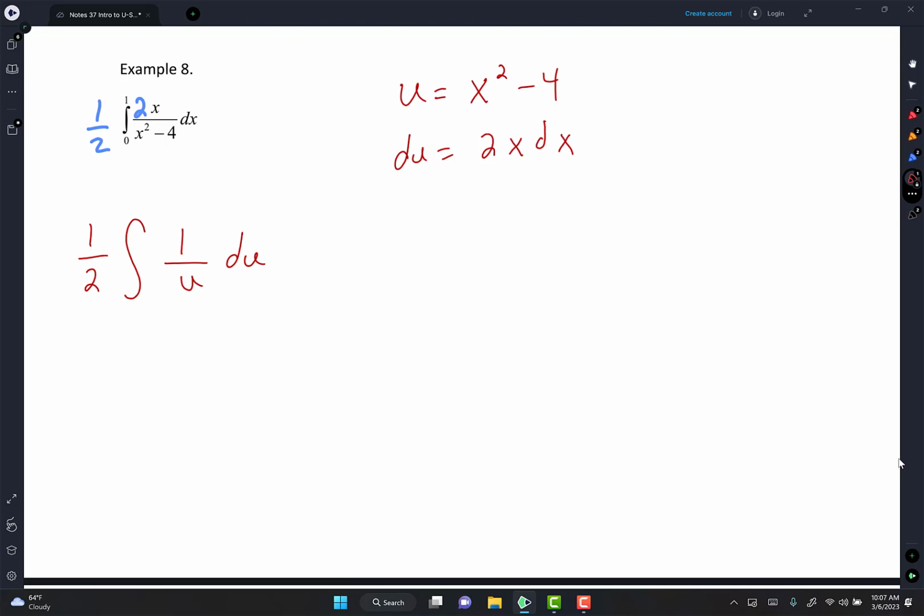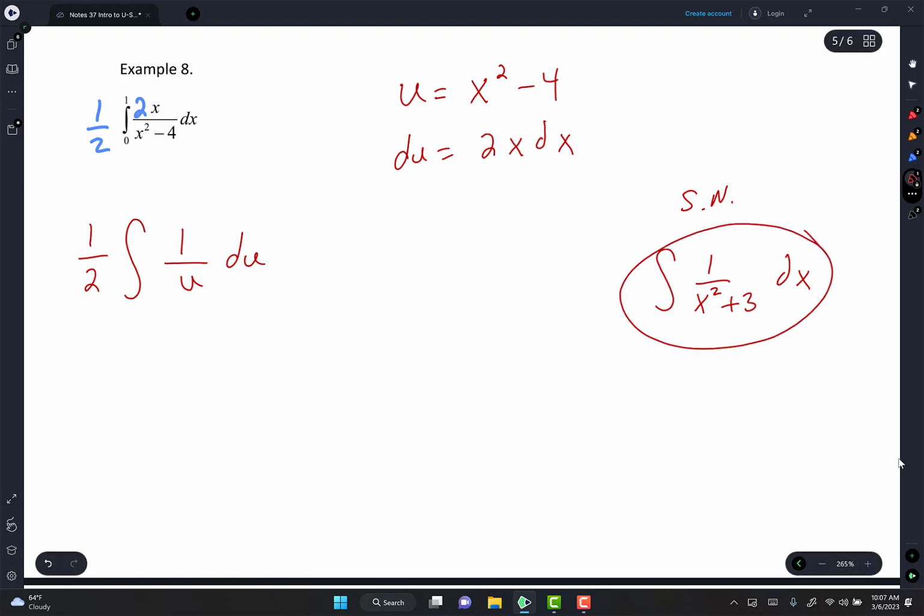All right. Side note, because some of you guys made a mistake on this. Integrand: 1 over x squared plus 3 dx. Don't write this down, just listen. Is the antiderivative of this ln of x squared plus 3 plus c? But you did that on your activity, guys. Why is it not an ln?